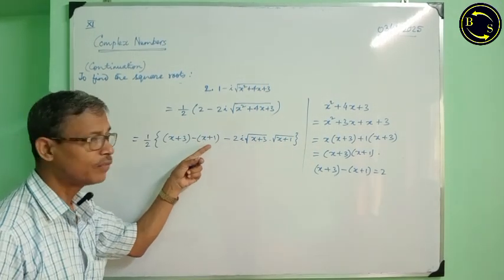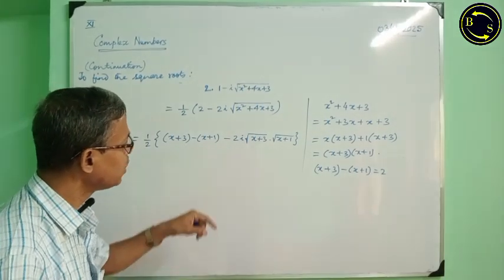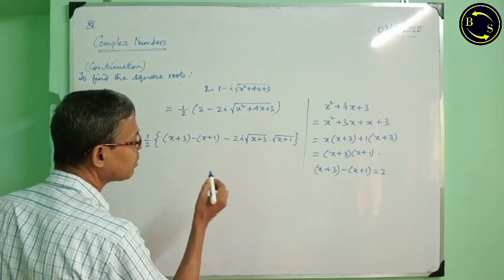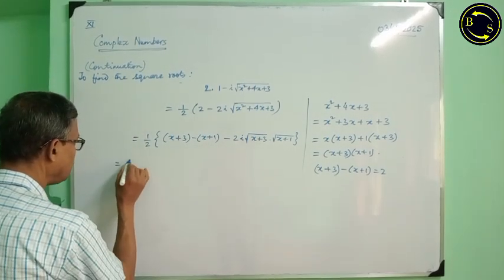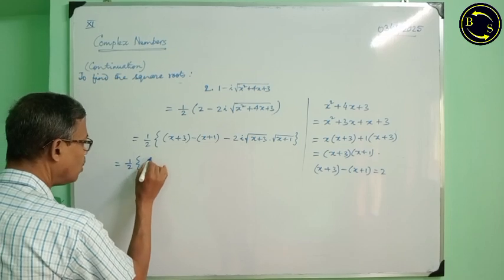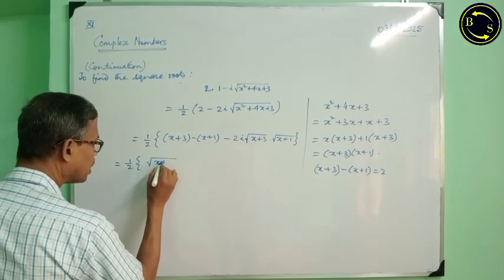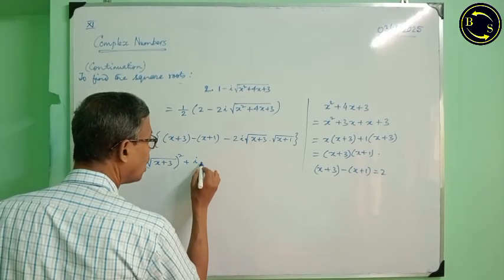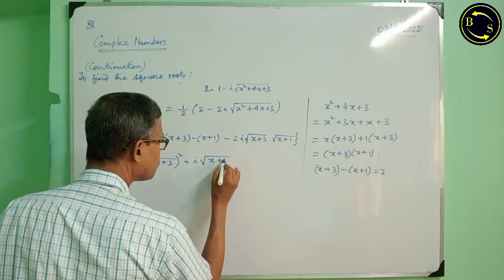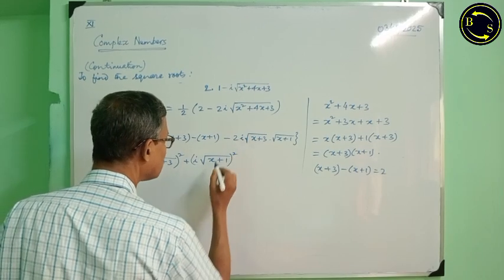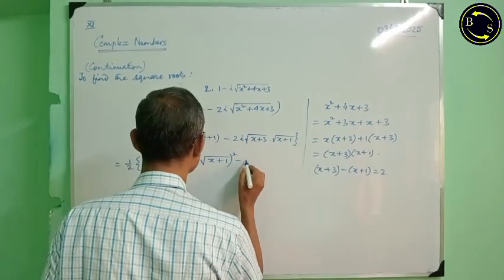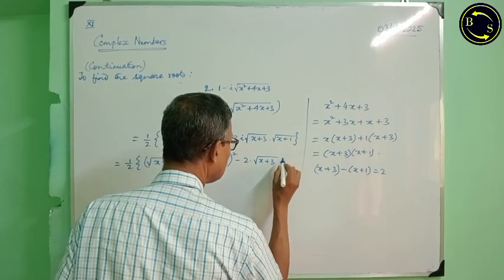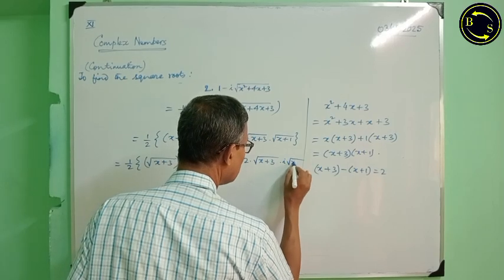Now minus of x plus 1, in that place we have to write i square into root over x plus 1 whole square. That is why next step will be half a square form x plus 3 whole square plus i x plus 1 whole square minus 2 into root over x plus 3 into i root over x plus 1.